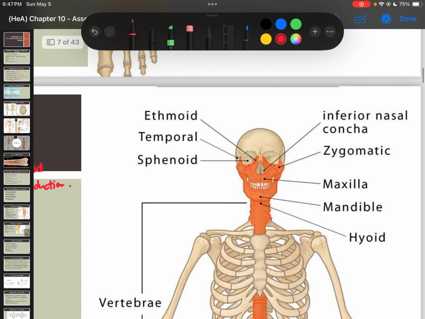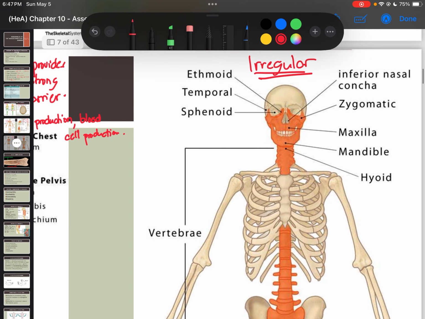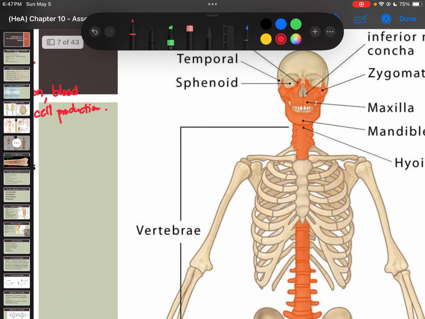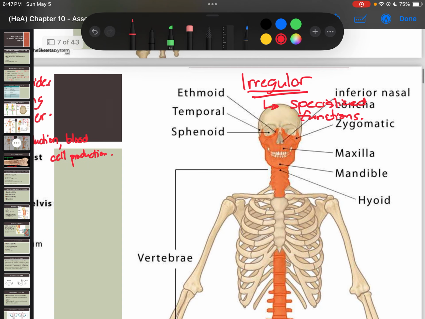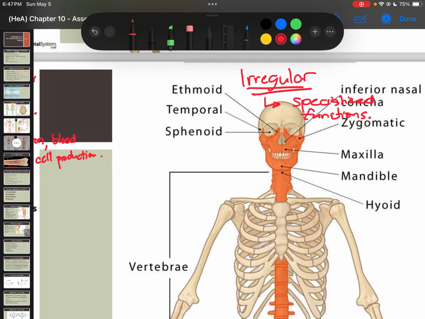And lastly, we have our irregular bones. It is like, if you do not pass, you might become irregular. I'm just kidding, you will pass. Irregular bones, class, have specialized functions depending on their shape. As I've said before in anatomy, form follows function.